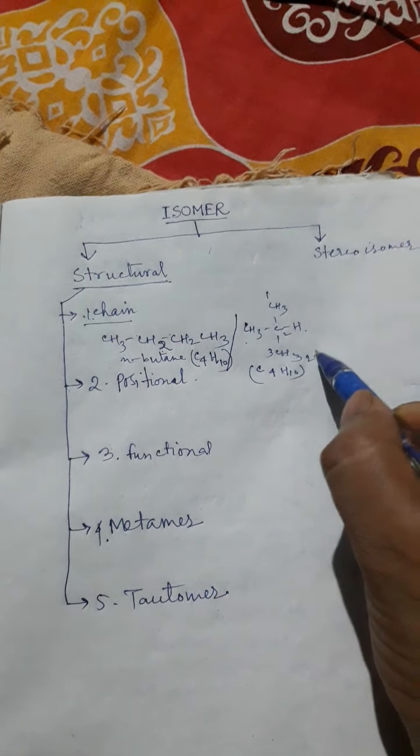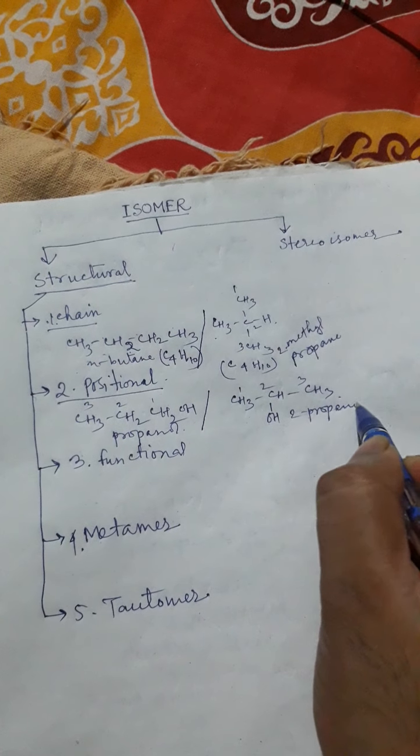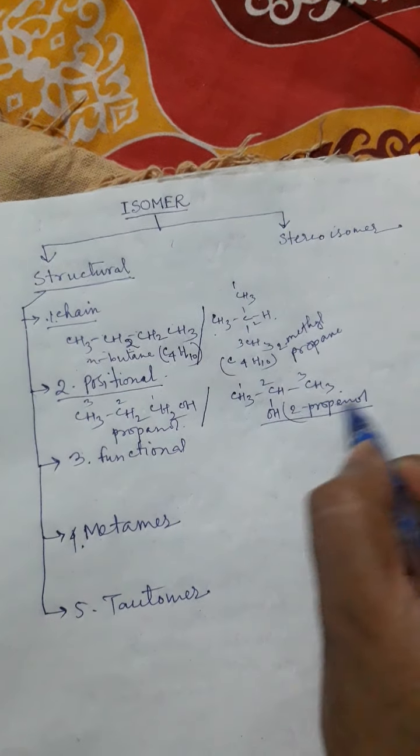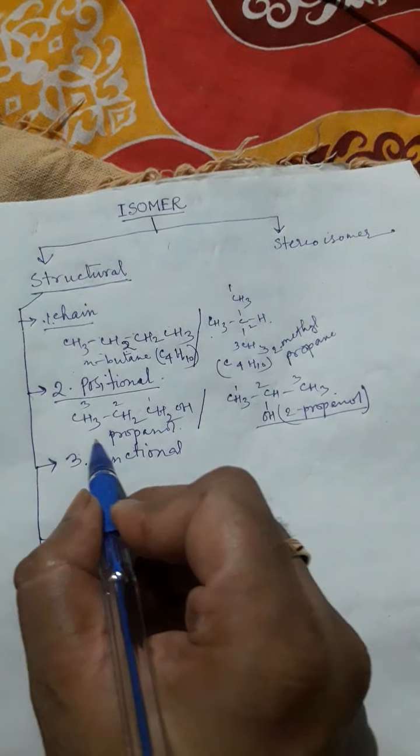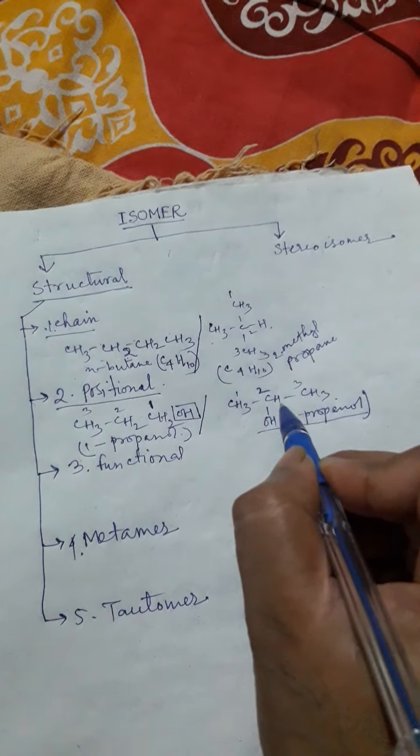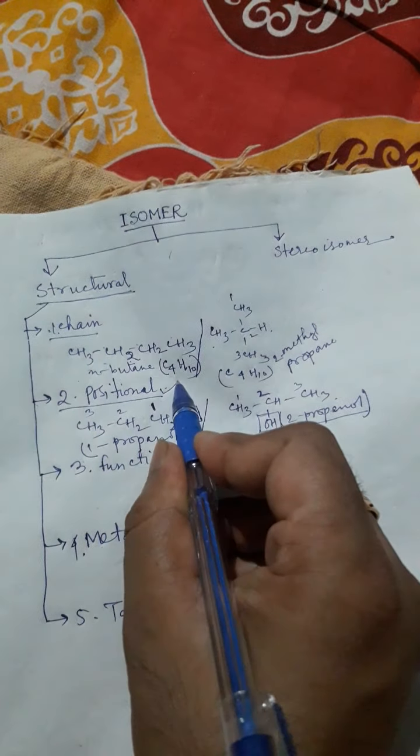But if you draw this structure CH3 CHOH CH3, then it is 1 2 3, that means 2-propanol. So these are 2-propanol and 1-propanol. These two differ in the position of the functional group. Here the functional group is OH, alcohol. Here it is at position 1 and here at position 2. So this is positional isomer.